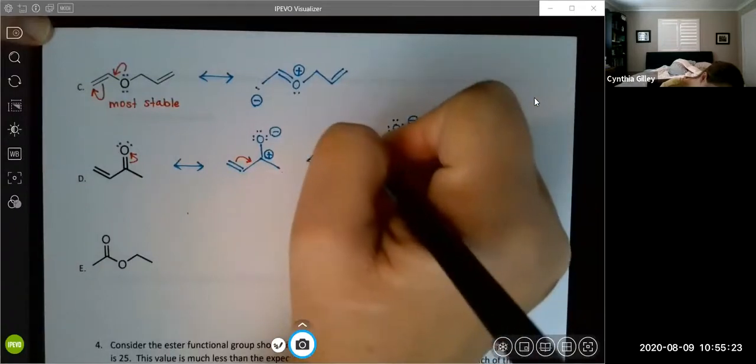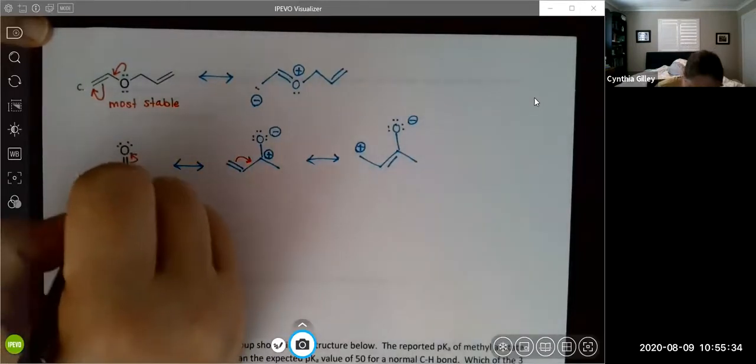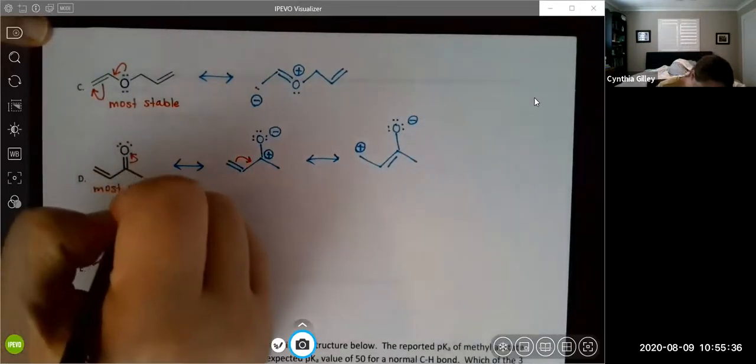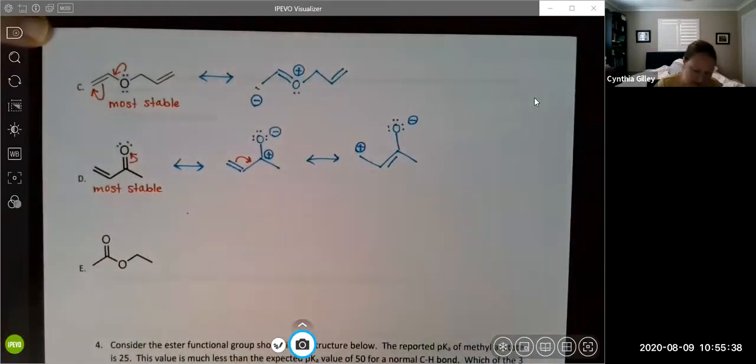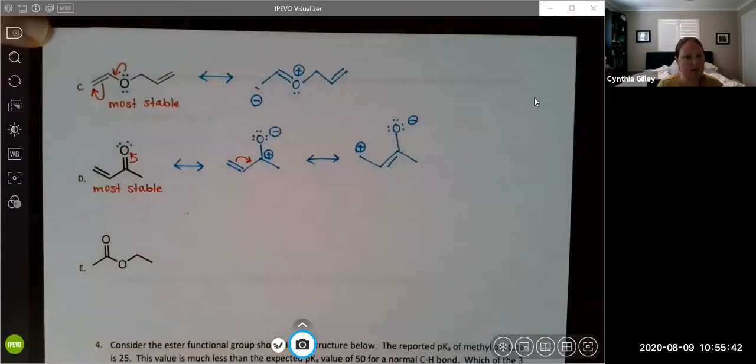Don't forget your positive charge has shifted over as well. In terms of the most stable, again, this one has no formal charge, so it is definitely the most stable. In addition, these two carbons with the positive charge lack an octet, so those are less significant because of the octet rule.